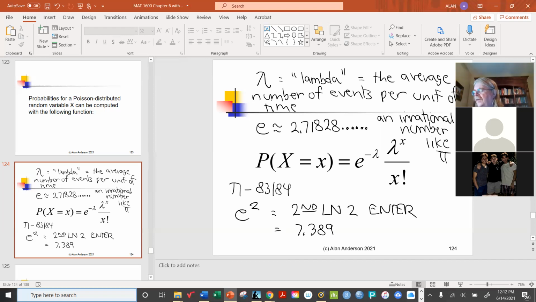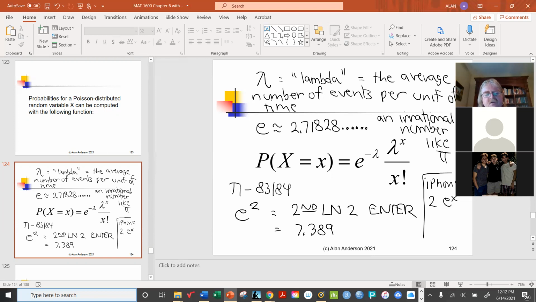If you're using the iPhone, it's a little different. With the iPhone, you would hit the 2 first. There's an e to the x button in the top middle row.